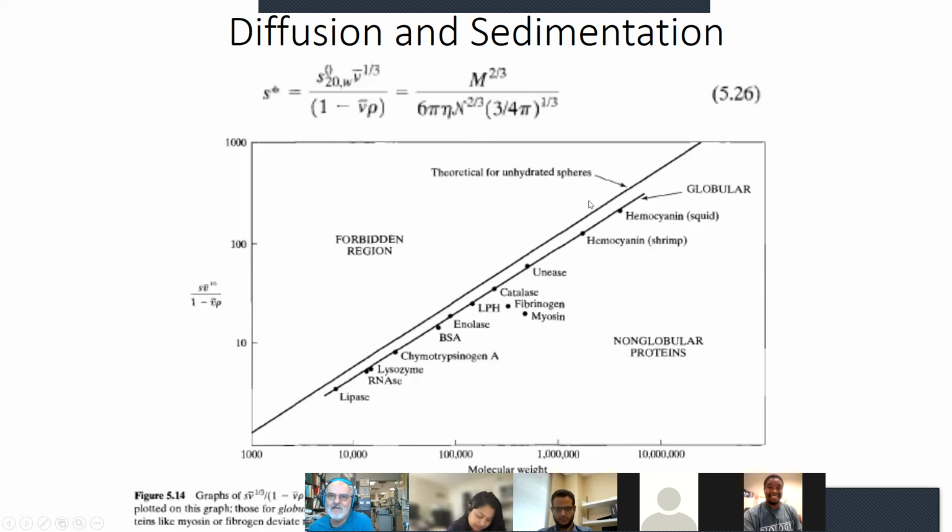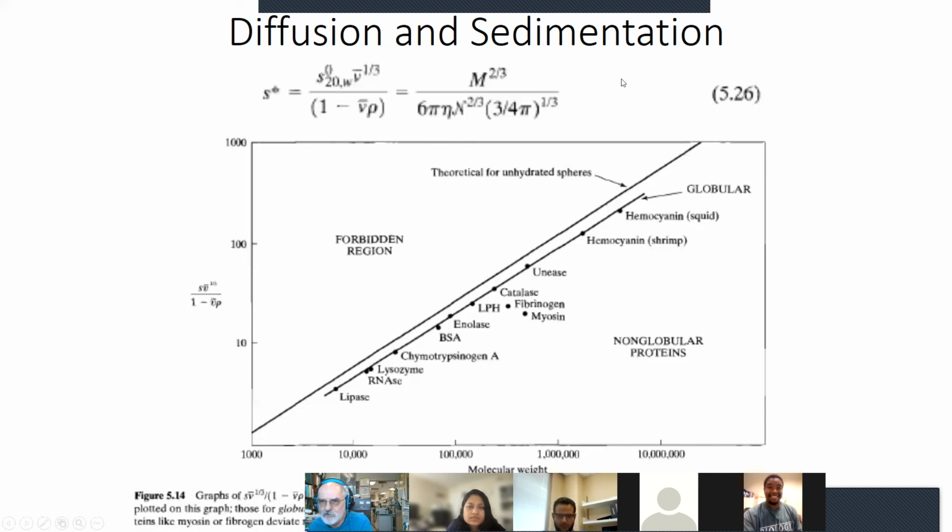The solid line is, as it says here, for an unhydrated sphere. The other data points are experimental. Notice the experimental data does not fall on the line because the line corresponds to unhydrated. What's missing here is a correction for water. All macromolecules have bound water, and so that's dragged along and it increases the volume.